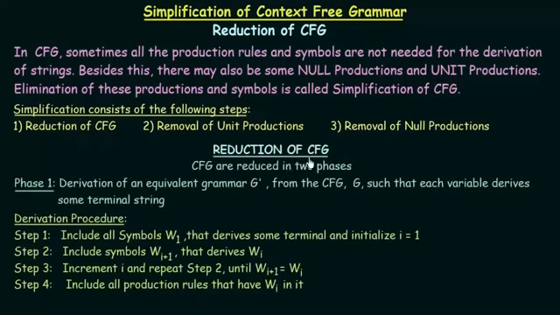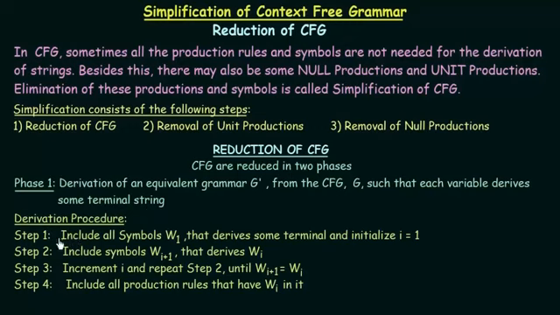So reduction of CFG is done in two phases. First we'll discuss phase 1, then we'll go to phase number 2. In phase 1, it is the derivation of an equivalent grammar G dash from the context-free grammar G such that each variable derives some terminal strings.